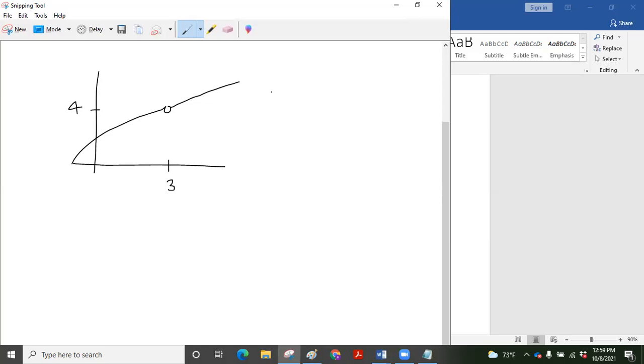If I were to ask you, what is the limit as x approaches 3 of f of x? The basic idea is that you're asking what the y values are approaching as x approaches from both sides of a, which in this case is 3. And we can clearly see that it's approaching 4. Just because it's undefined at that point doesn't mean that the limit cannot exist at that point. So we're going to say that the limit as x approaches 3 of f of x is 4.